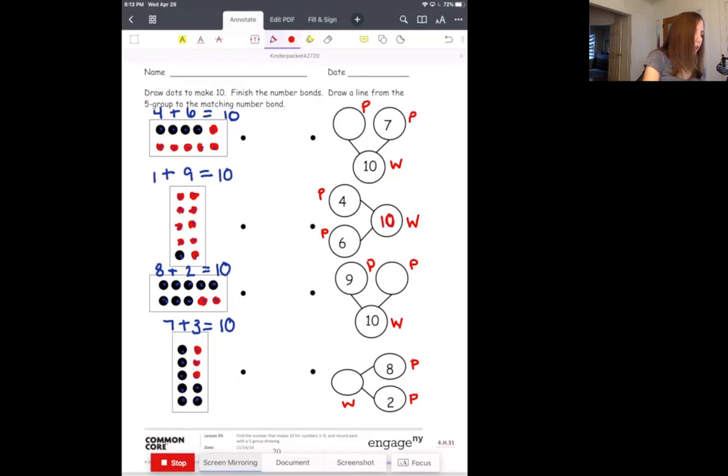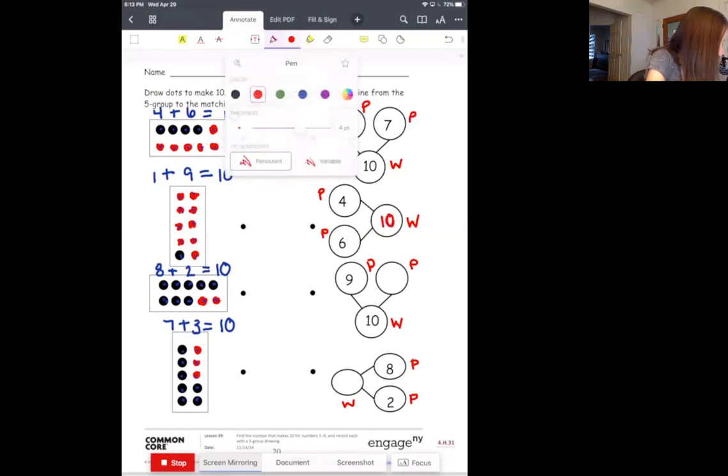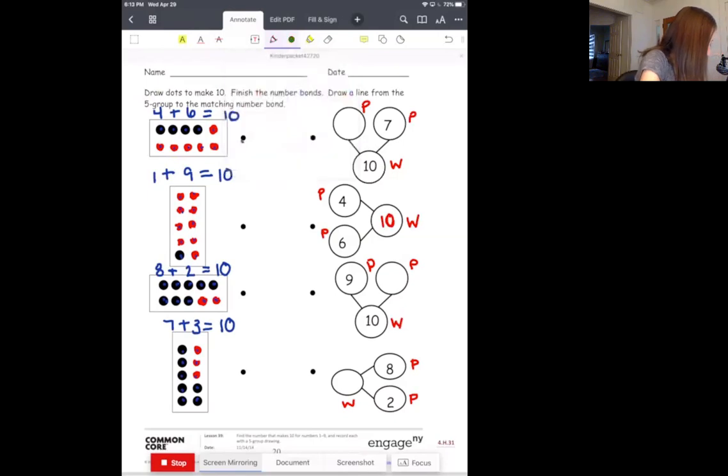And we're just going to draw one line from here to here. So this is telling us that the 4 and the 6 equal 10, and that shows it in our number bond over here with 4, 6, and 10. This is hard. That's why we're doing it together. Go to the next problem.